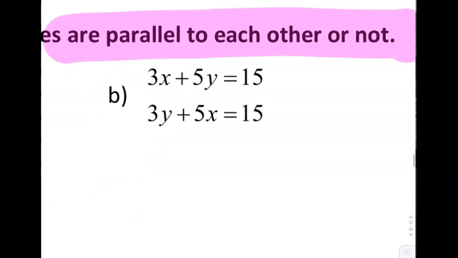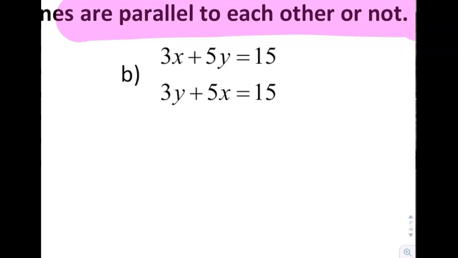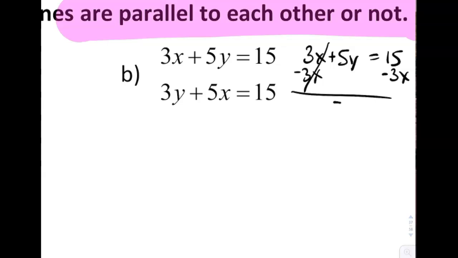Let's try the next one. Neither one of these are solved for y. That's fun. So I'm going to rewrite this next to it just so I have some work space. I'm going to take away 3x from both sides, and that leaves me with 5y equals negative 3x plus 15.